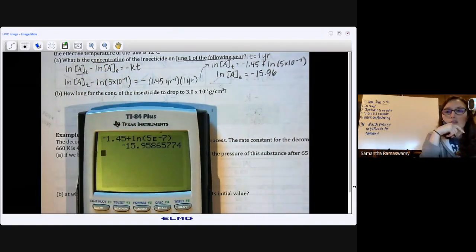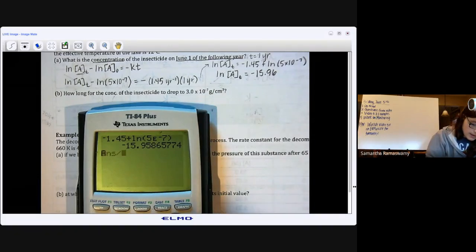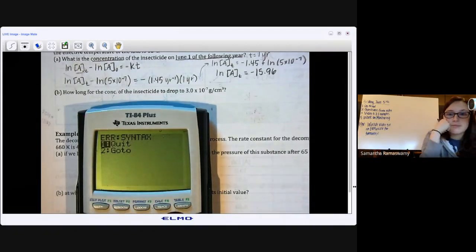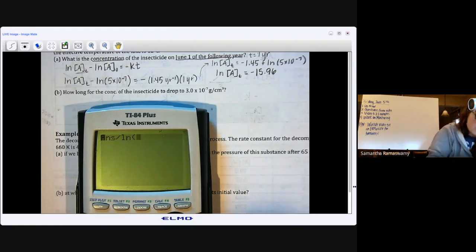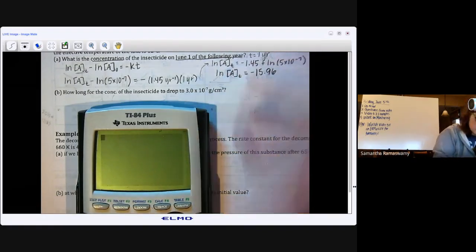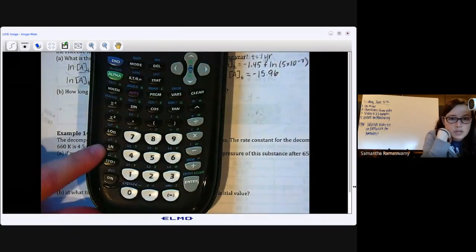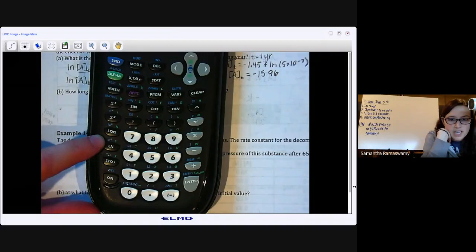Now to solve for the concentration, if I just try to do divided by ln, enter, it's an error. Can't just divide by ln. Natural log is a function. To get rid of natural log, you have to use the inverse log. If you look on your calculator, natural log, right above it, you have e to the x.